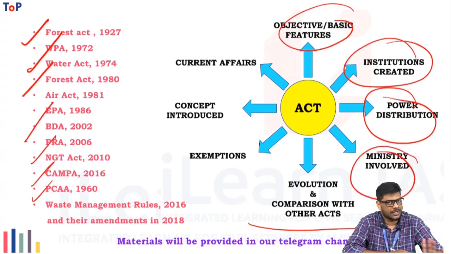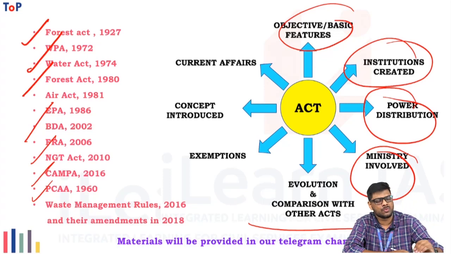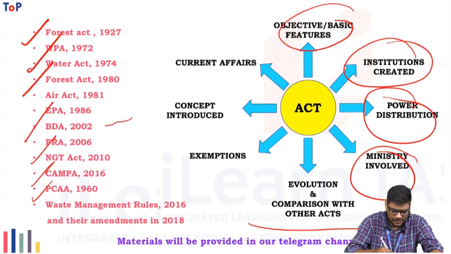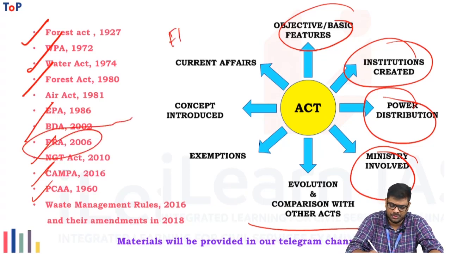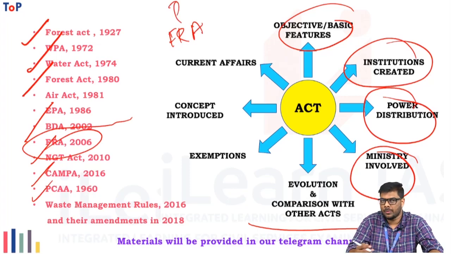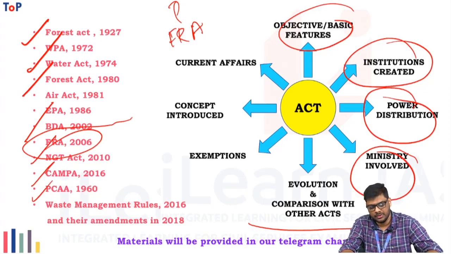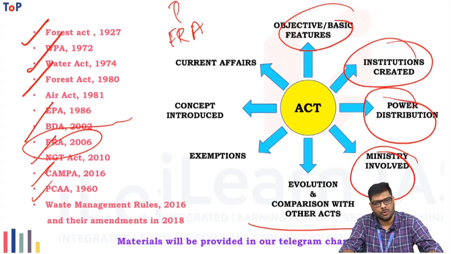And the ministry involved is important, because some acts can confuse you regarding the ministry involved. For example, the Scheduled Tribe Forest Rights Act. As the name indicates, it can seem to be a forest act, so by common sense it should be the duty of the Ministry of Environment to coordinate it. But that is not the case. It is the Ministry of Tribal Affairs that takes care of the Forest Rights Act.